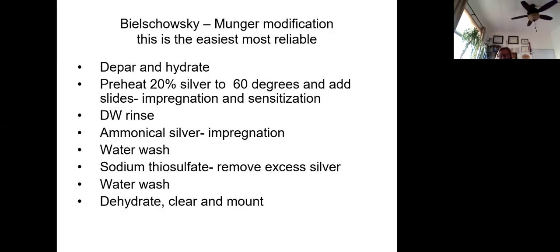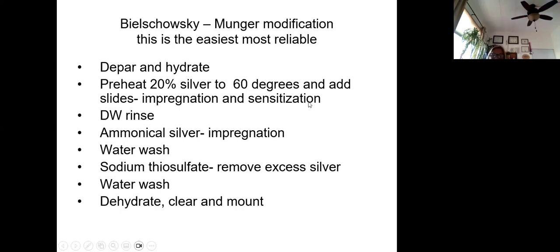So the Bielschowsky-Munger. This is the easiest and most reliable of the Bielschowsky stains. It's a silver, so we're going to deparaffinize and hydrate to distilled water. We're going to preheat a 20% silver to 60 degrees, and then add our slides. Again, this is a water bath thing. So you put your 20% into a water bath, heat it up, and then add your slides to it.